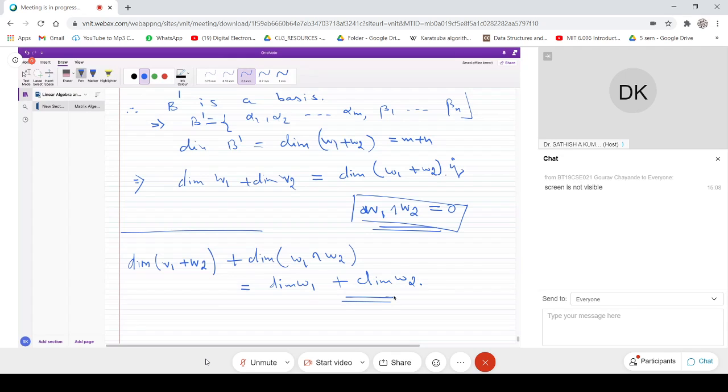This is quite interesting because we don't impose any condition on the intersection being 0, and we directly prove it. We'll give a proof of this tomorrow.